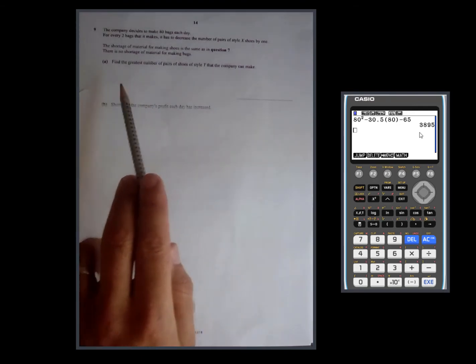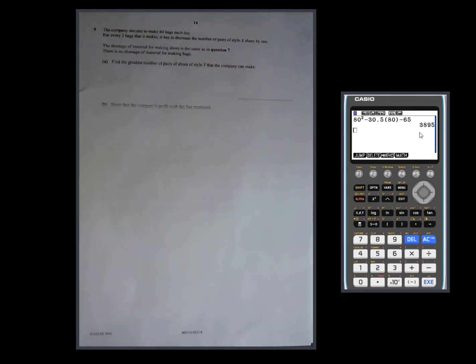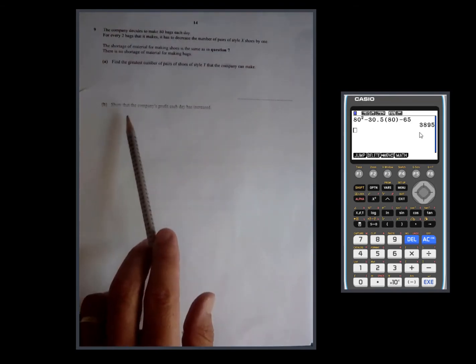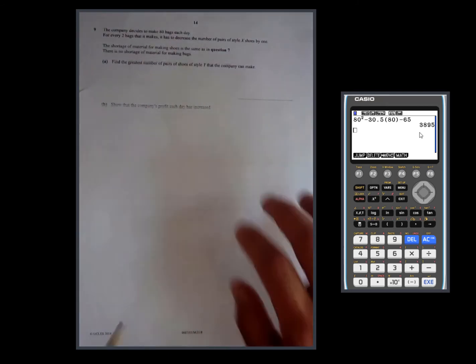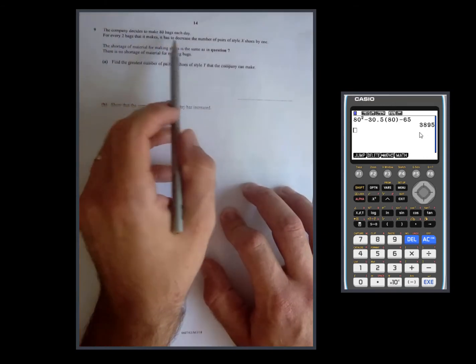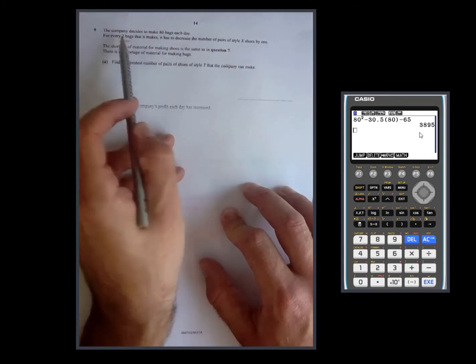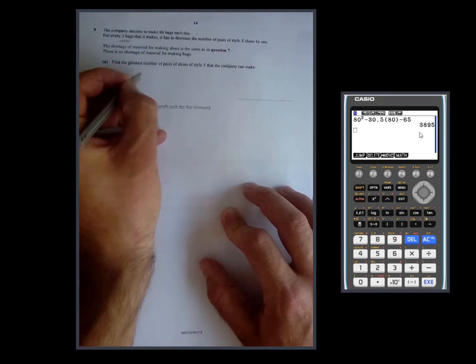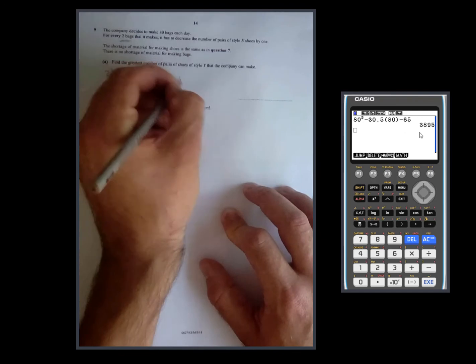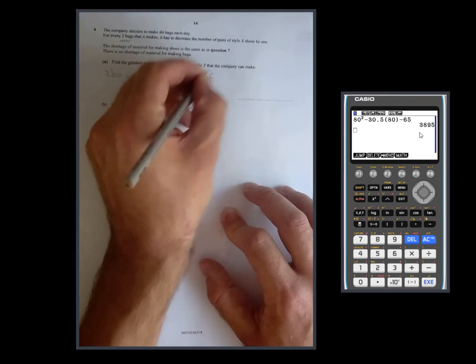Find the greatest, so part A, we need to find the greatest number of pairs of shoes of style Y that the company can make. And B, show that the company's profit each day has increased. So I think, well, we need to work out what is 80. It says for every 2 bags, so 2 bags made would be 1 less pair of style X, right?